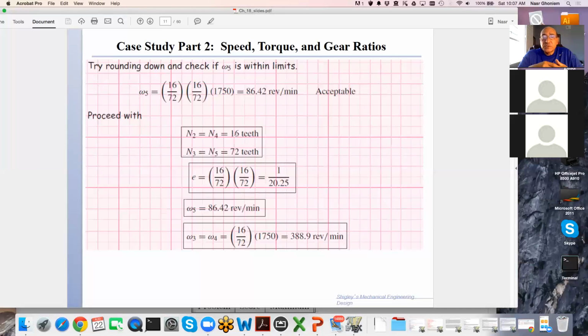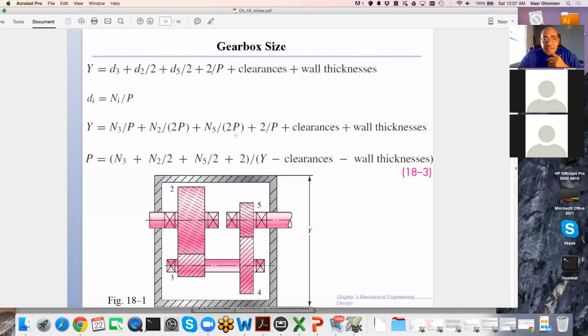Here, the size is given to be 22 inches high. So if you split the 22 inches high, like you can see here, Y is 22. Then Y must be equal to D3, the entire diameter from here to here, plus D2 over 2. So you go from this point up to here, and then you go up to D5, and then you take another D5 over 2, and then you must have some clearance to the upper wall of the gearbox, and then you add the thickness.